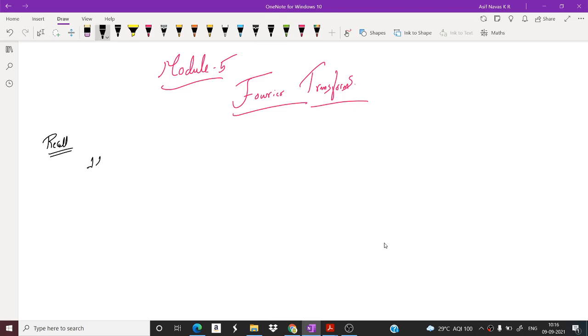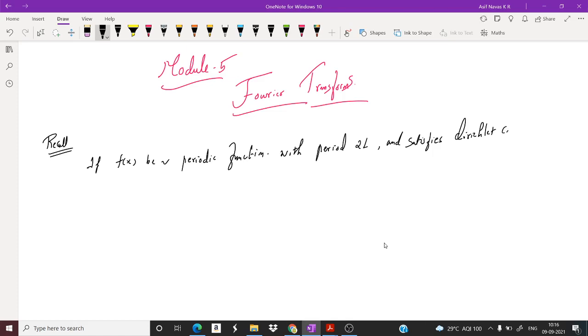So if f of x is a periodic function with the period 2L and satisfies, you remember those conditions, Dirichlet conditions.